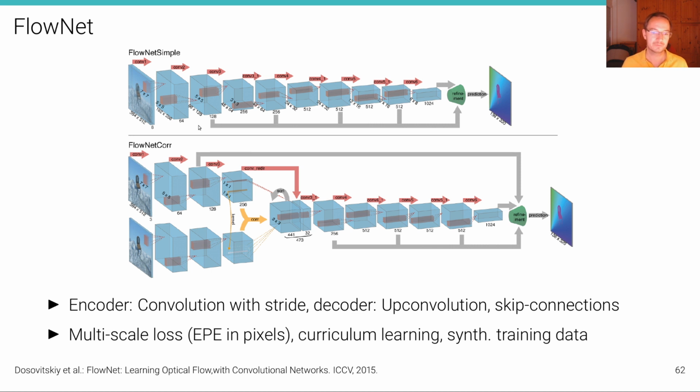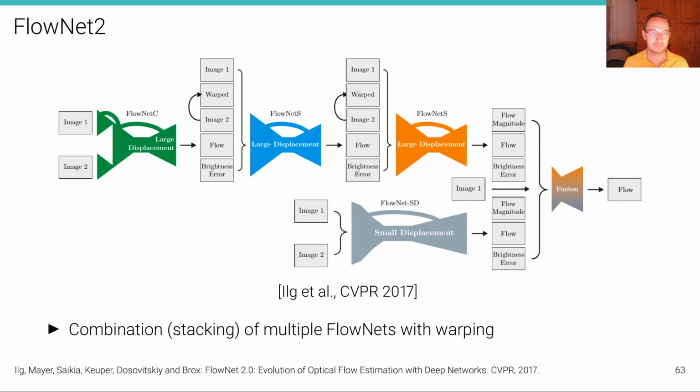There's an encoder with convolutional layers and strided convolutions, and a decoder with up-convolutions and skip connections. And they also use a multiscale loss to better propagate gradients through that network, and curriculum learning, and train this on large amounts of synthetic data and fine-tune on real data.